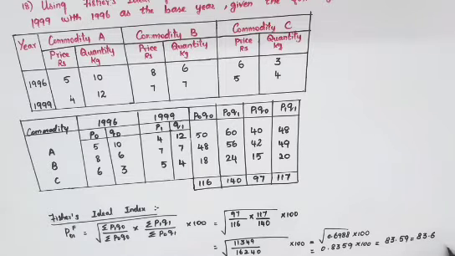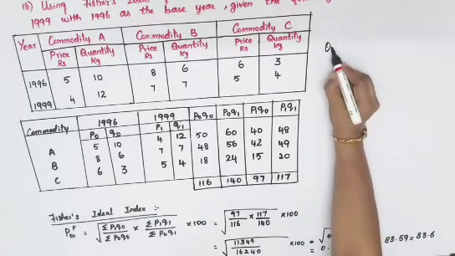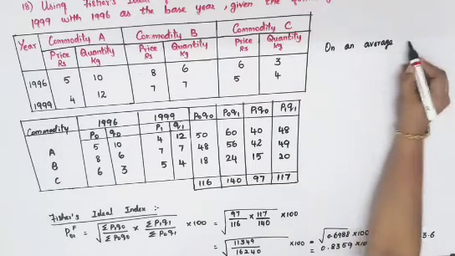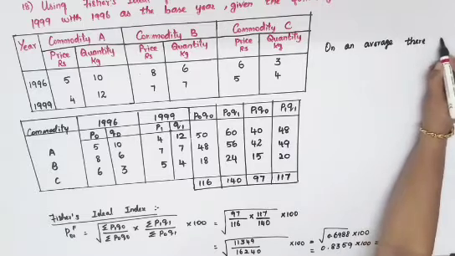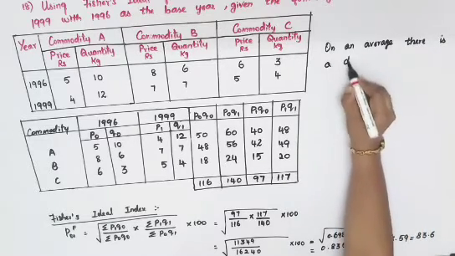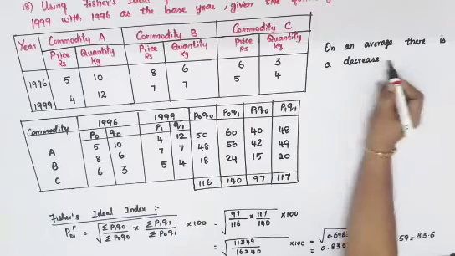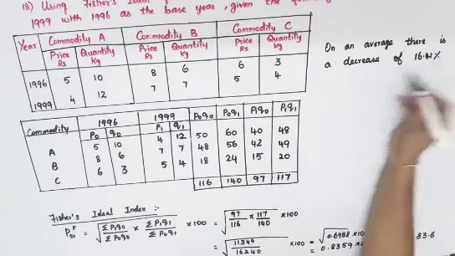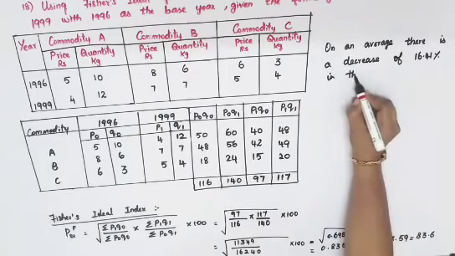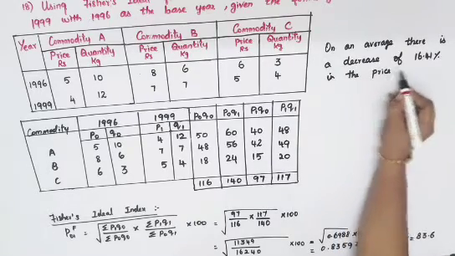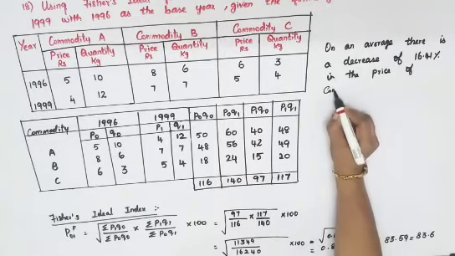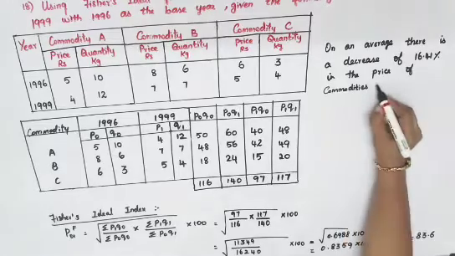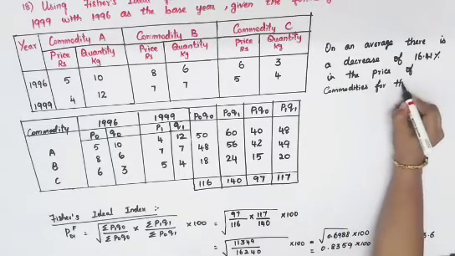Okay, so therefore the conclusion you can write it as, on an average there is a decrease of, subtracting you will get 16.41% in the price of commodities for the current year.